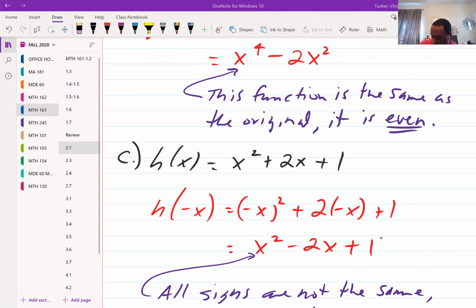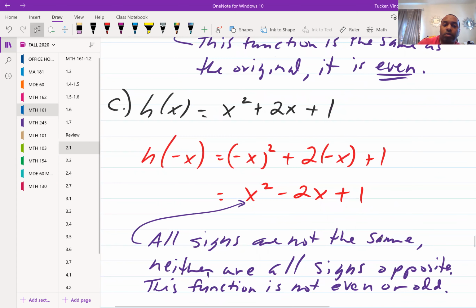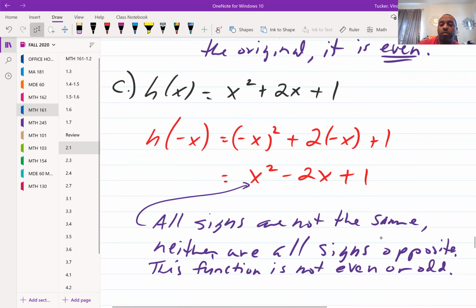And we see negative x squared is just going to be x squared. Then we have 2 times negative x, which would be negative 2x plus 1. So all of our signs are not the same. Neither are all signs opposite. So this function is neither even or odd. It's not even or odd.